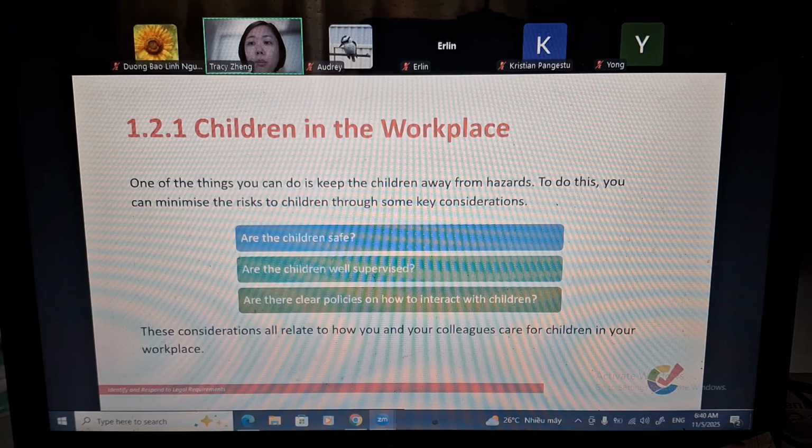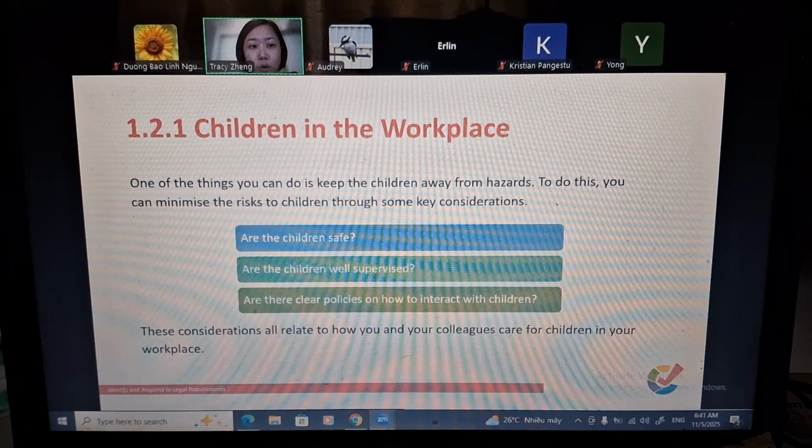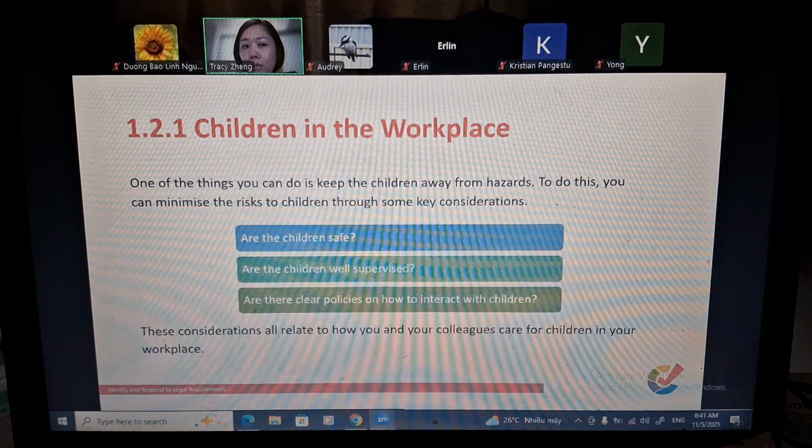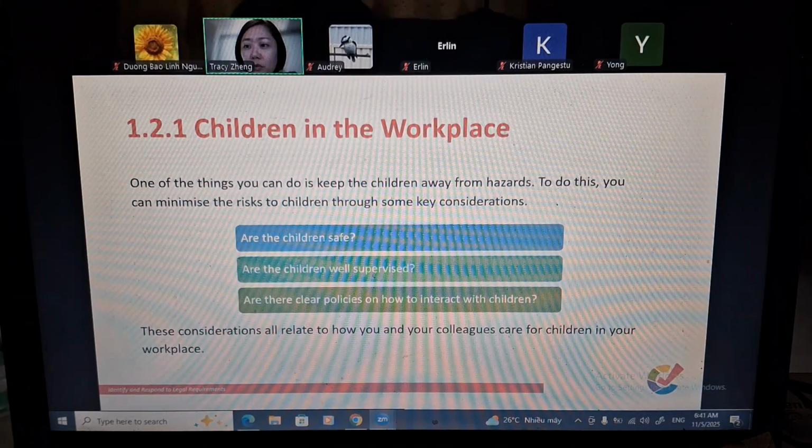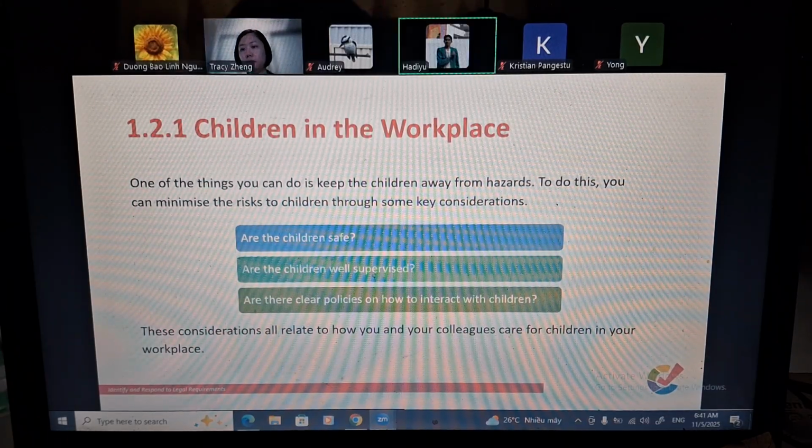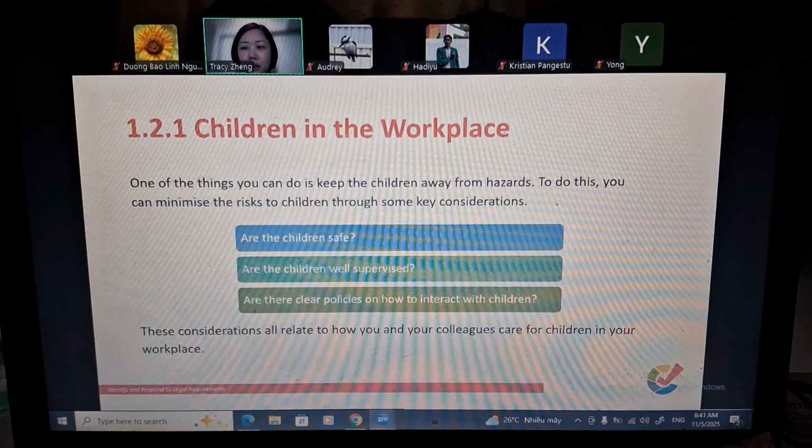What do you think if you see, let's say, a 5 year old boy start running in the hallway when you're pushing the trolley, trying to walk past, and you see the little kid start running towards you? Do you think it is safe? Definitely not. It's not safe.